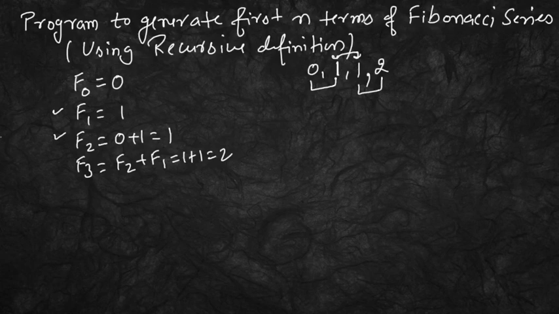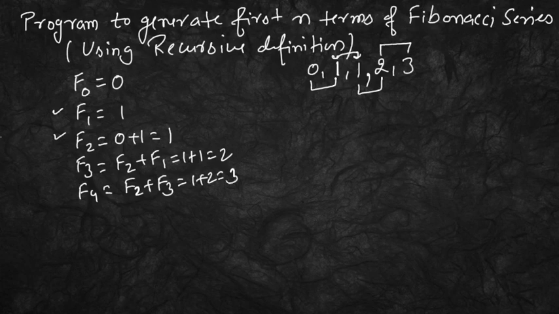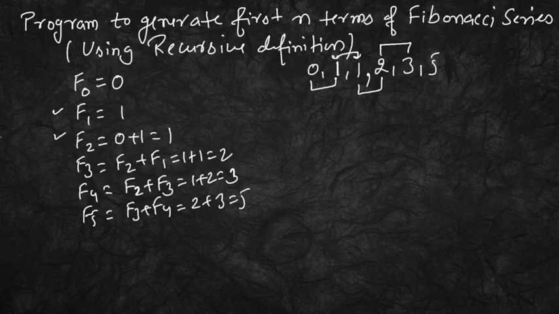Similarly, f4 is equal to f2 plus f3, which is 1 plus 2 is equal to 3. Next term will be 3 plus 2, which is 5. f5 is equal to f3 plus f4, which is 2 plus 3 is equal to 5.